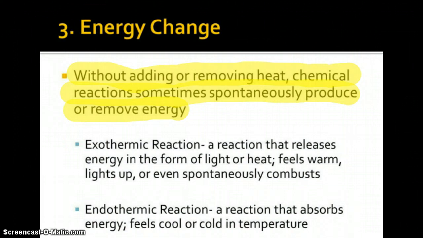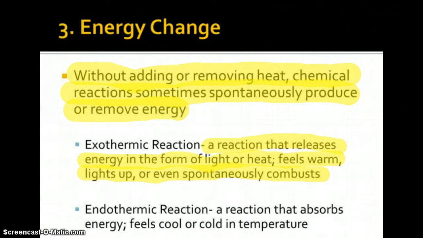We divide this category into two separate subdivisions, and the first is called exothermic reactions, and that is a reaction that releases energy in the form of light or heat. They feel warm, or they light up, or they even spontaneously combust.